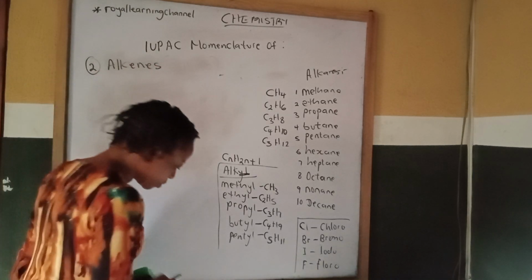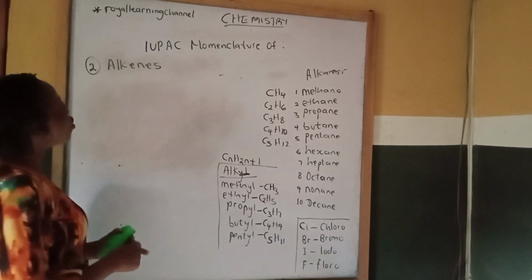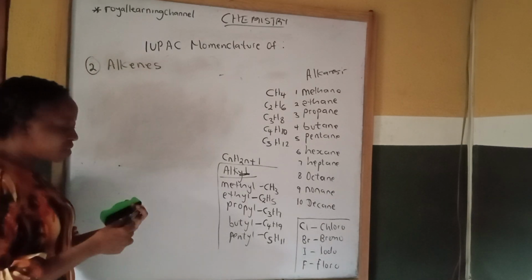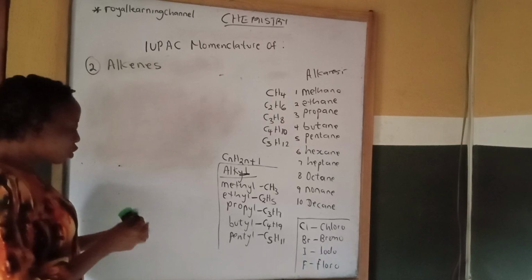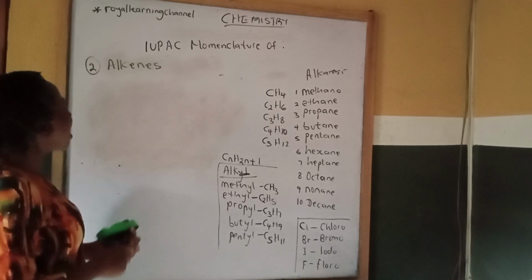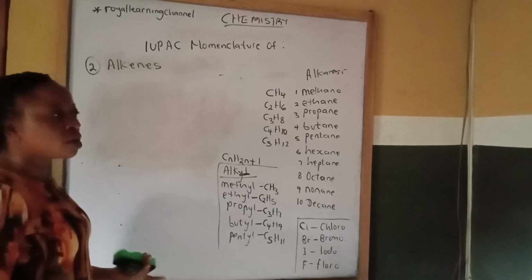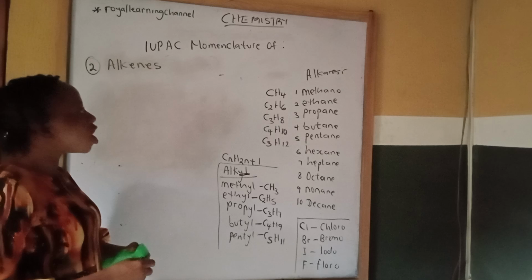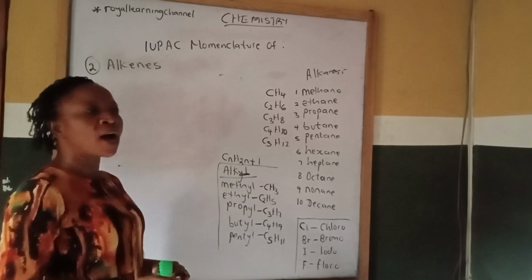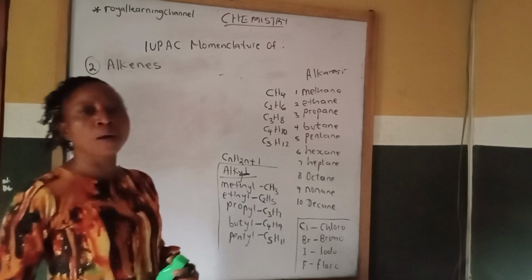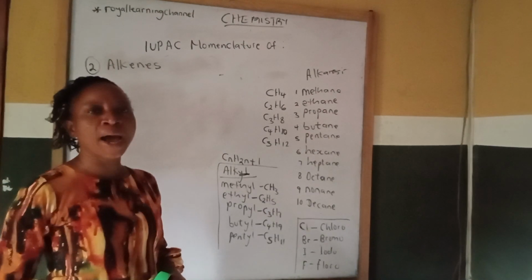The word alkene, the ene in there, means double bond. So alkene has a single bond and a pi bond in its structure. The single bond from the structure of alkene is called sigma bond, while the double bond is called pi bond.